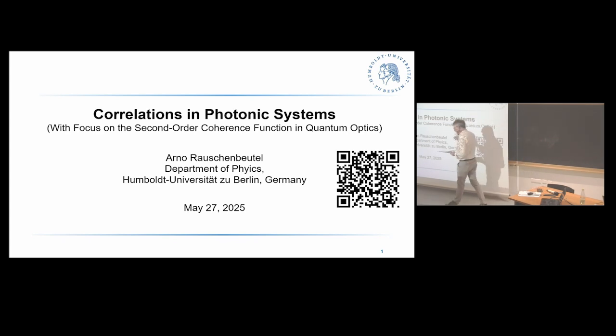And this second order coherence function is actually very useful and powerful because it allows us to quantify the statistical properties and distinguish between different types of light fields, looking at the intensity correlations of the light field.